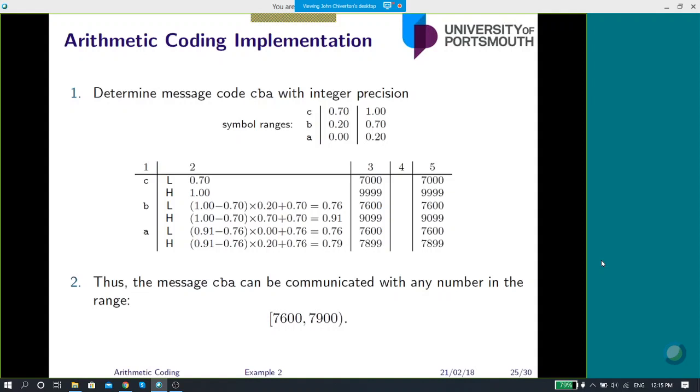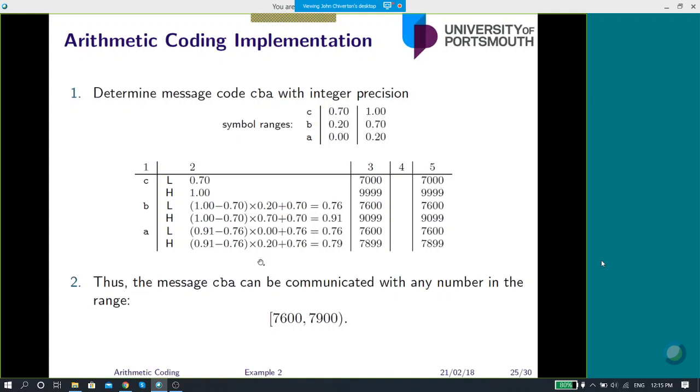Okay, so this is an example now using integers. We've got the lower and upper ranges of the numbers to be transmitted, which may get calculated again.